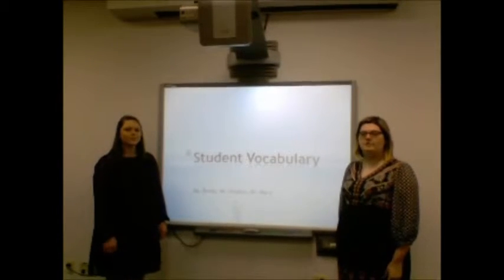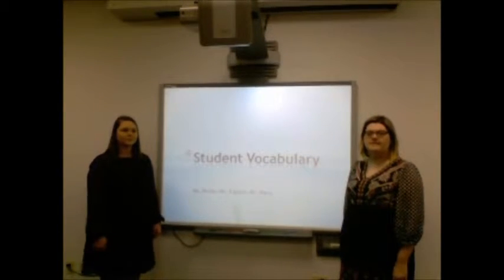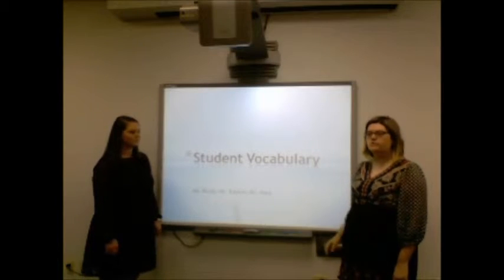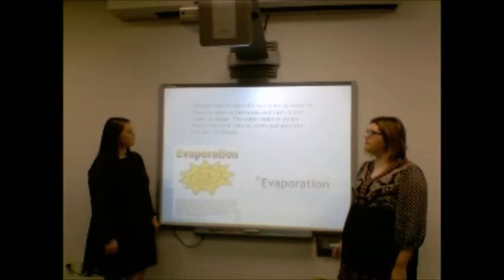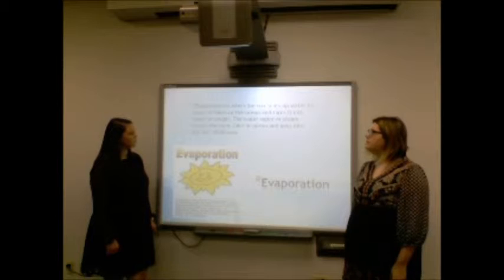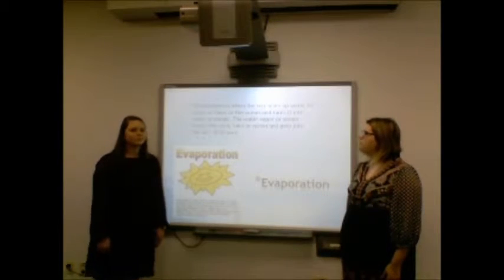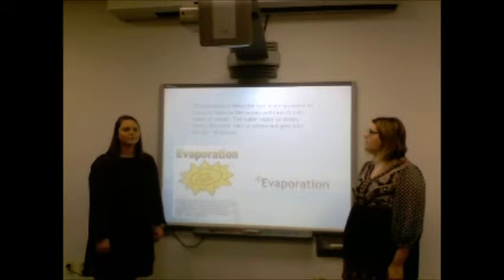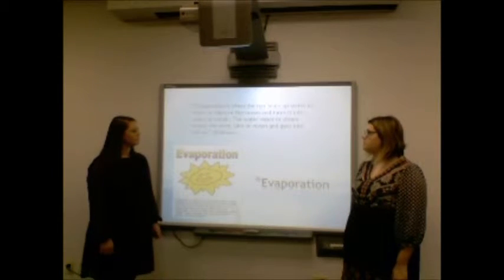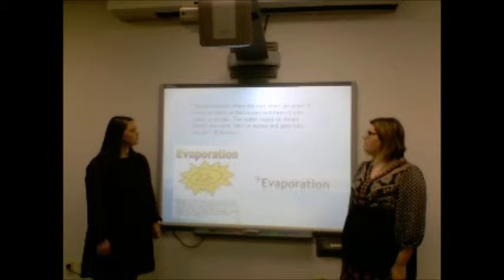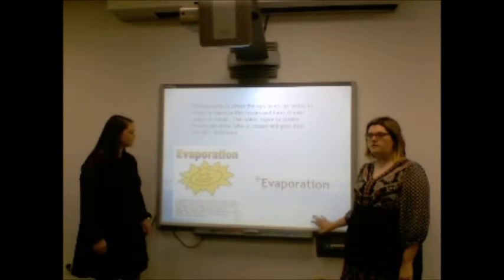Okay, this is the vocabulary that will be used in our lesson and that was introduced in the Magic School Bus. The first definition is evaporation, and evaporation is when the sun heats up water in rivers, lakes, or oceans and turns it into vapor or steam. The water vapor or steam leaves the river, lake, or ocean and goes into the air.